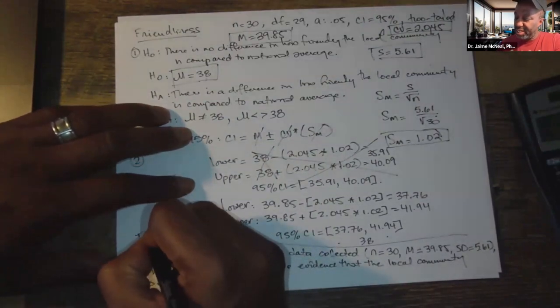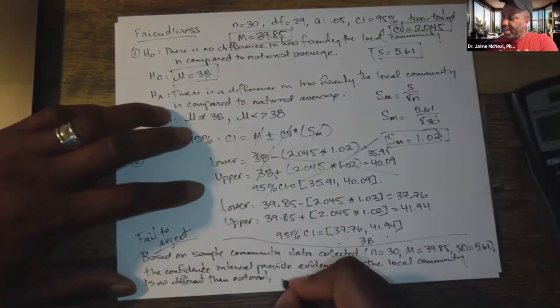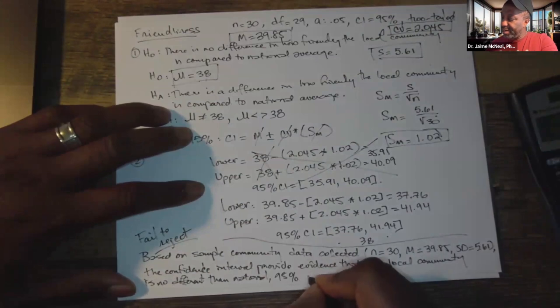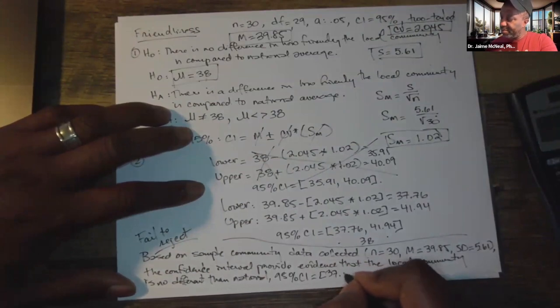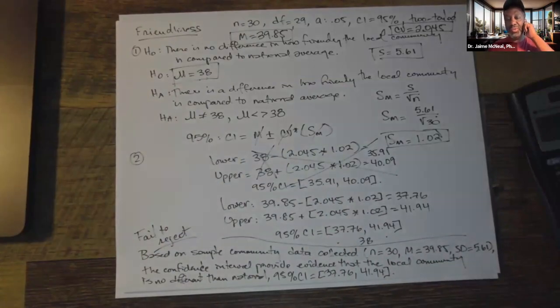Again, let's fail to reject. And the 95% confidence interval equals 37.76, 41.94. Fail to reject. Hopefully that makes sense.